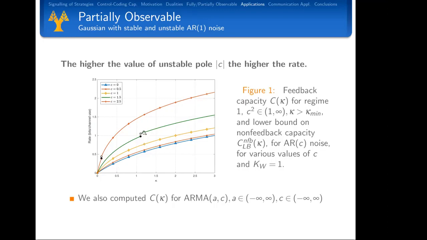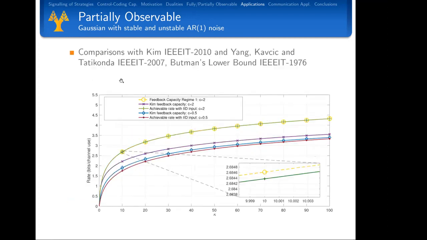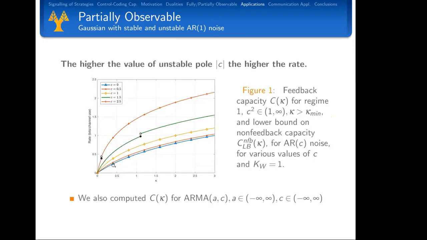And here it comes now. The point is that C is 1.5. Above this point, I have feedback. Below this point, there is no feedback. This is the IID input here, so it's suboptimal. The same thing here. This curve is when C equals 2.5. Okay, this is the 2.5 curve, and below this is the IID input.